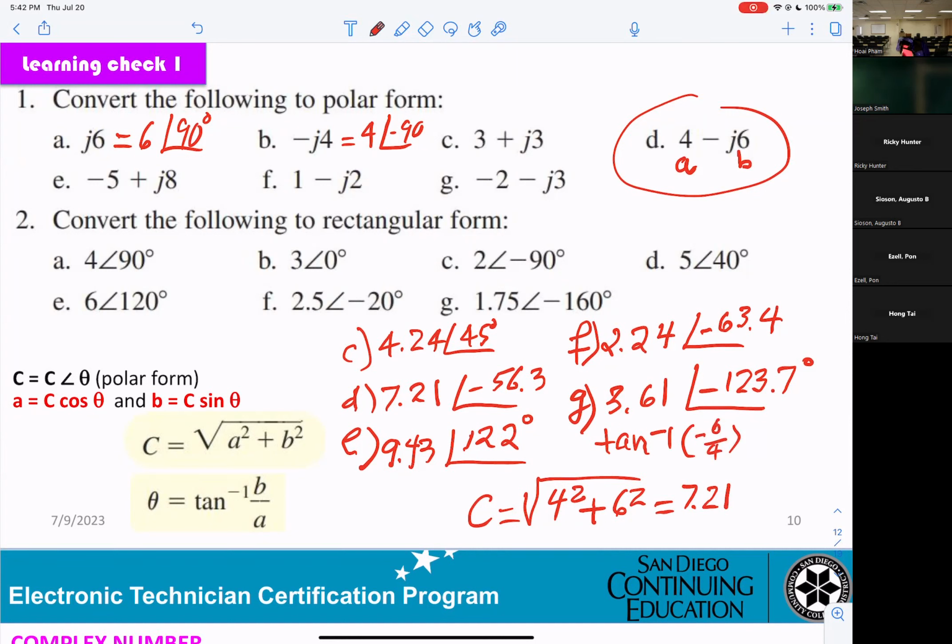Okay, now doing number 2. Convert the following to rectangular form.